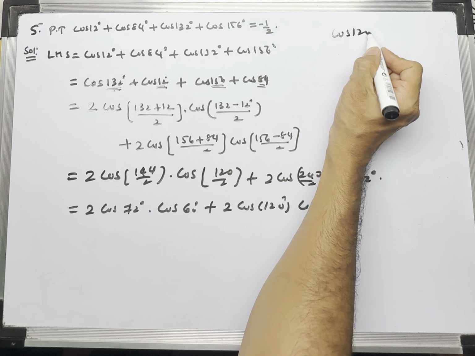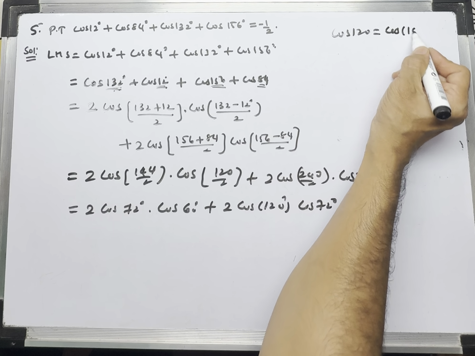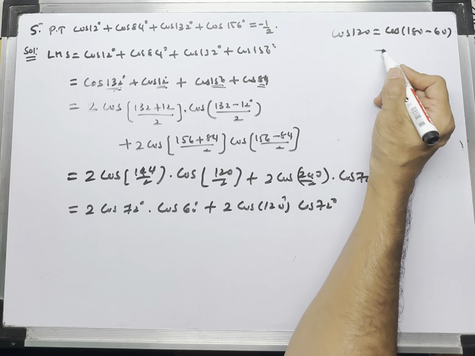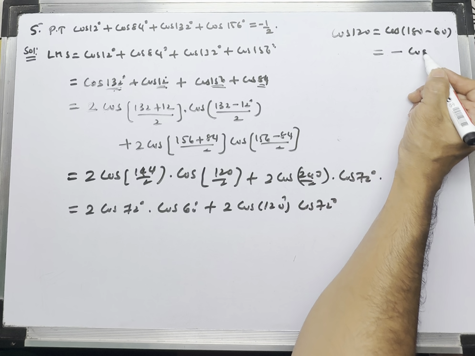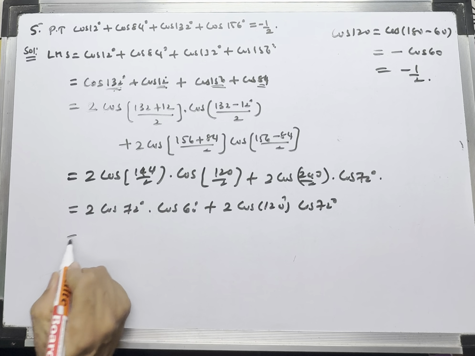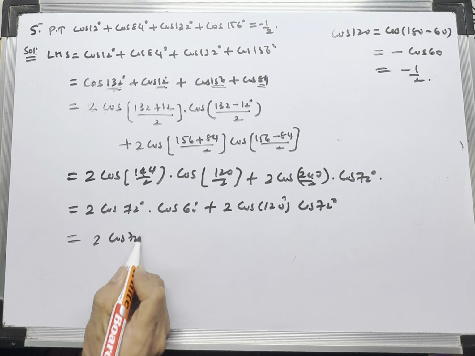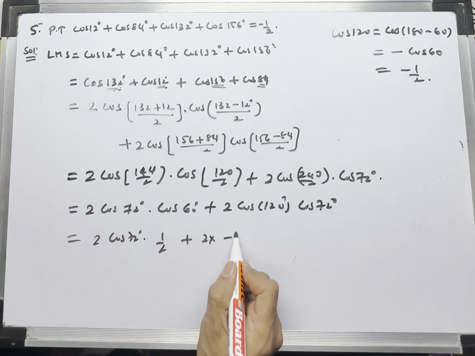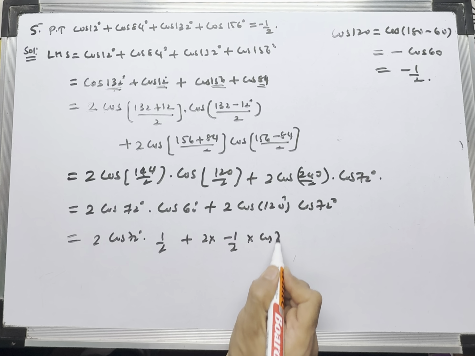The nearest is 180. Cos of 180 minus 60. Which quadrant? Second quadrant, so cos 120 is minus cos 60, minus 1 by 2. So 2 into cos 72 degrees into 1 by 2 plus 2 into minus 1 by 2 into cos 72 degrees.